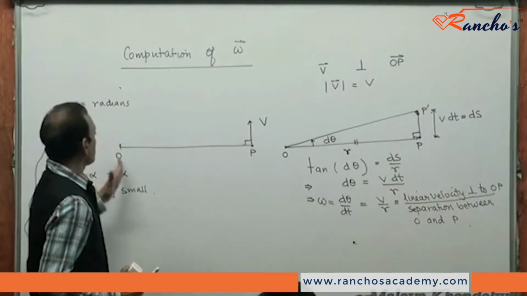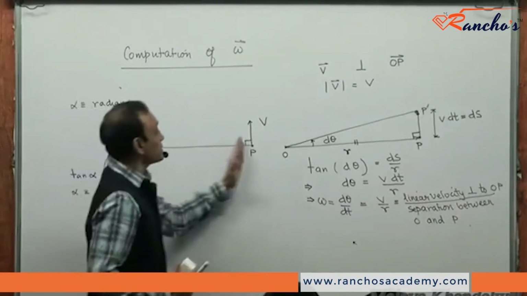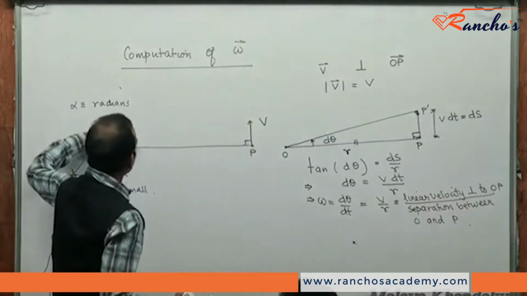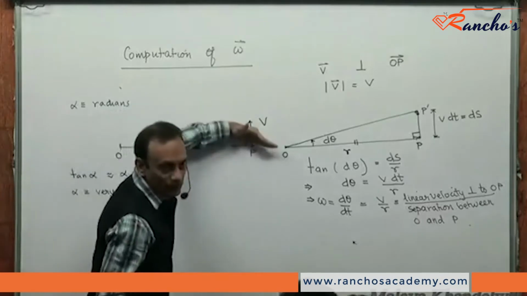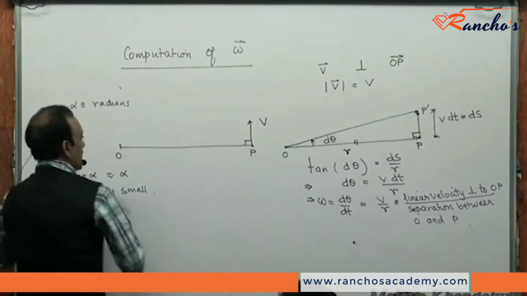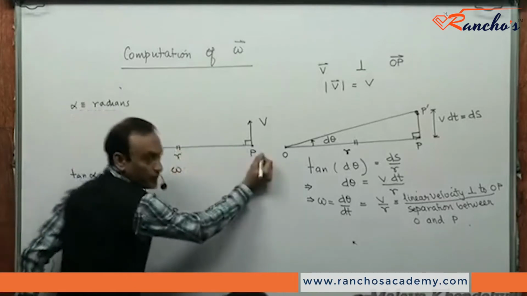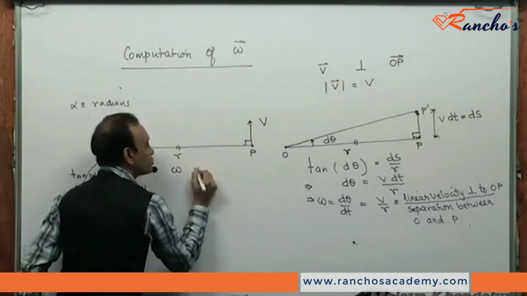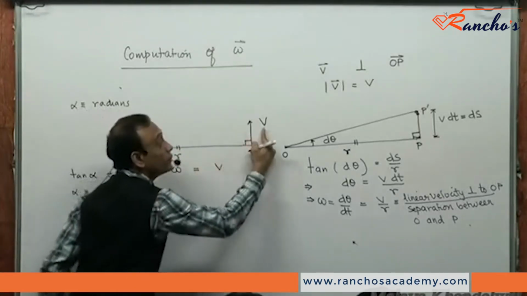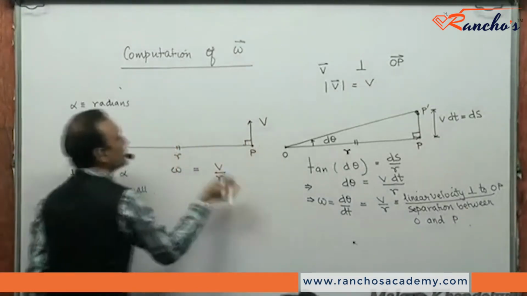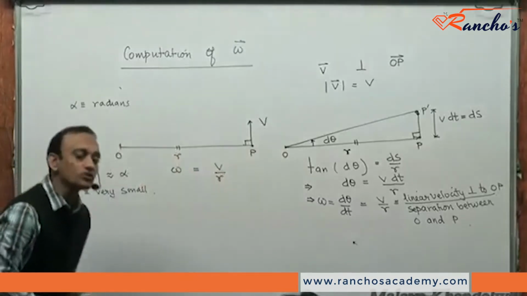So, if there is a fixed observer and there is a particle whose velocity is perpendicular to the line joining the observer to the particle, and the separation at this instant of time is r, then the angular velocity of P as seen by O is going to be given by V, the velocity perpendicular to OP, divided by the separation between O and P. Yes or no?